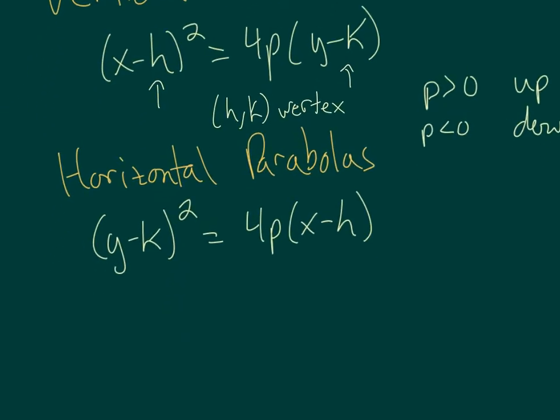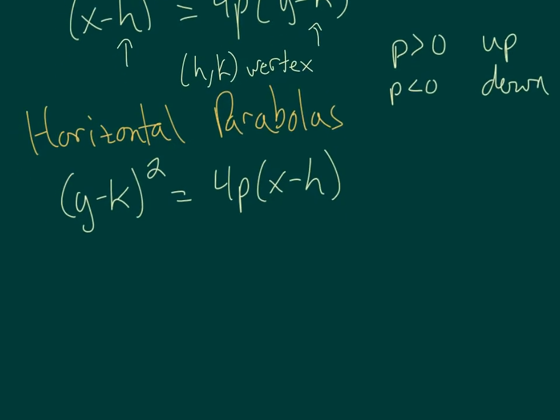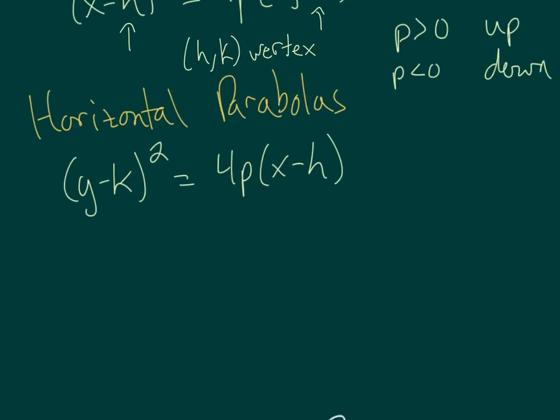Similarly, for horizontal parabolas, you've got y minus k, quantity squared, is equal to 4p times x minus h. You'll notice that with a horizontal parabola we are squaring the y term, and with a vertical parabola going up and down, we're squaring the x term. If we solve for p and it is greater than 0, it opens to the right.